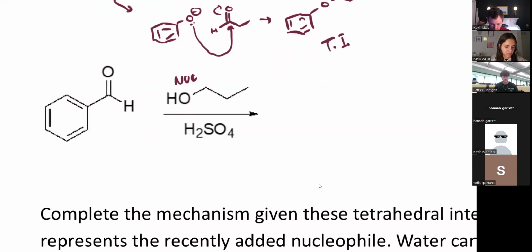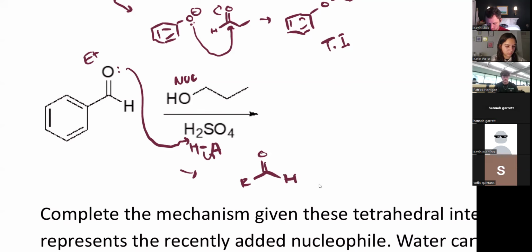Nucleophile, electrophile. Oh, sorry. Skipping a step. I see H2SO4. I'm just going to write HA, right? That just means acid. Step one is electrophile gets protonated by acid. Feel free to write R to shorthand some things for all of the steps except for the final step.